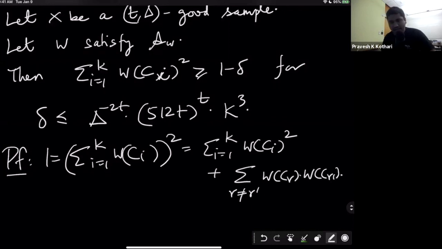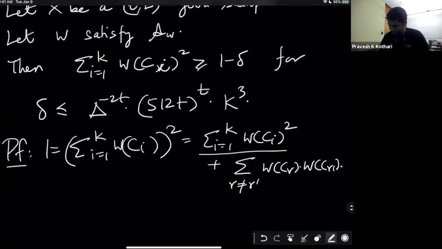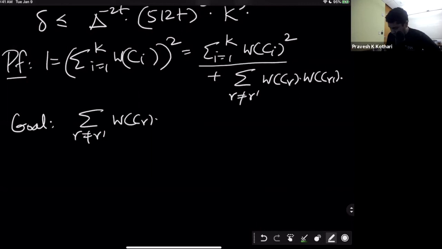Which means that if I have to prove that the first term is large, then all I have to do is prove that the cross terms are small. That's equivalent, right? So that's what I'll try to do instead. So now my goal would be to upper bound all the cross terms here. Good.